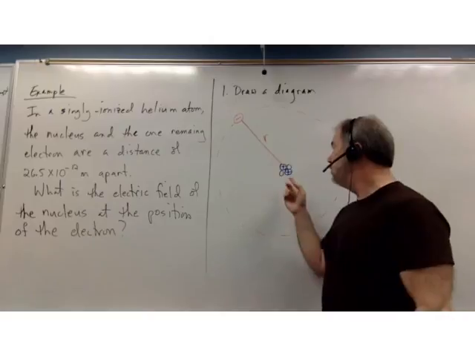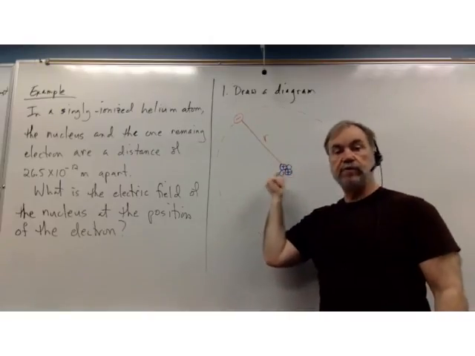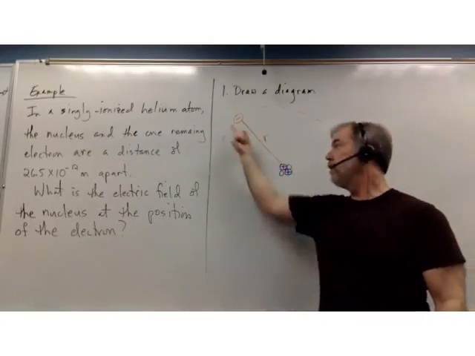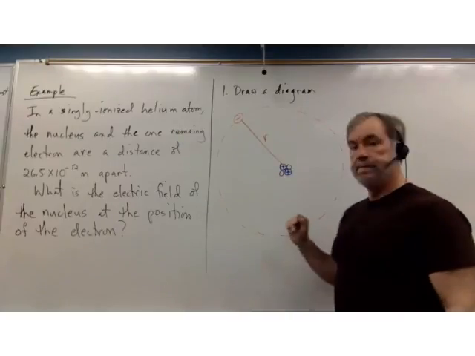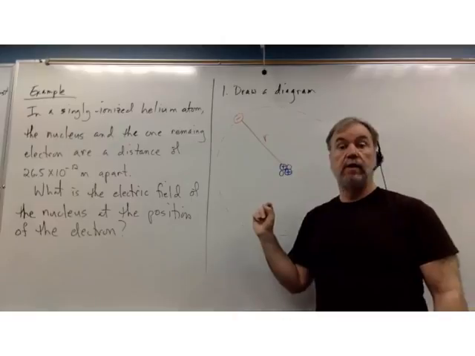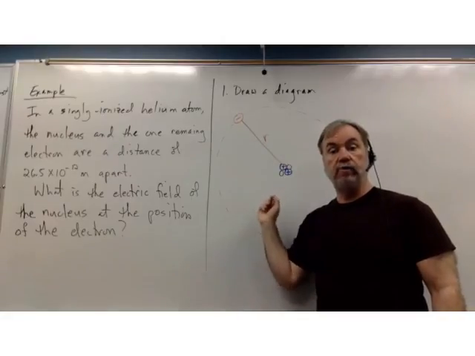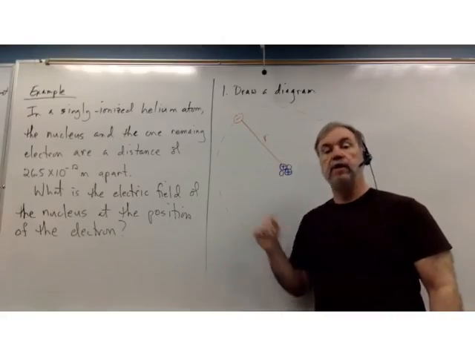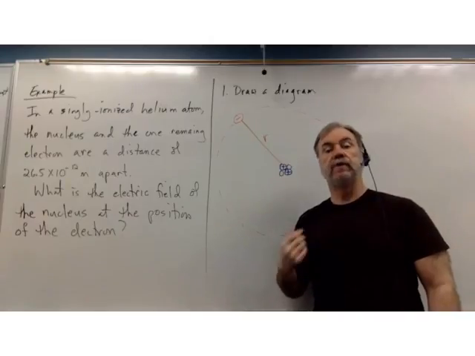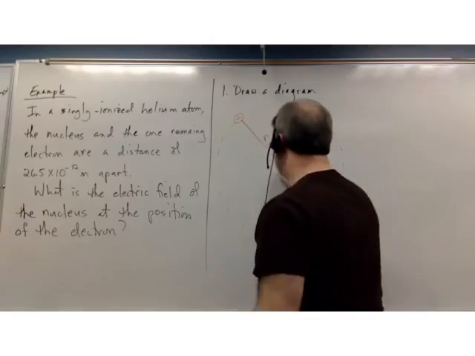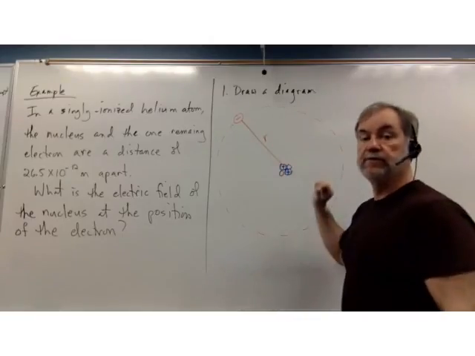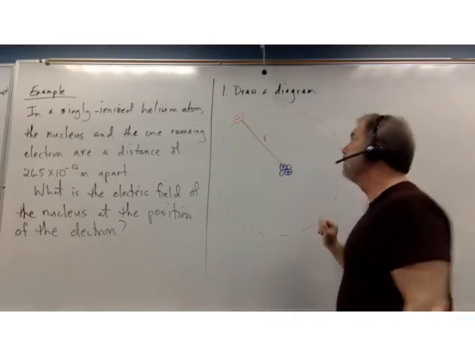So when the two protons are so close to each other compared to where we want to calculate the field, we'll just ignore that. Then we'll treat them as a single point charge whose total charge is 2 times 1.602 times 10 to the minus 19th coulombs. So we will treat this as a single object of charge 2e.